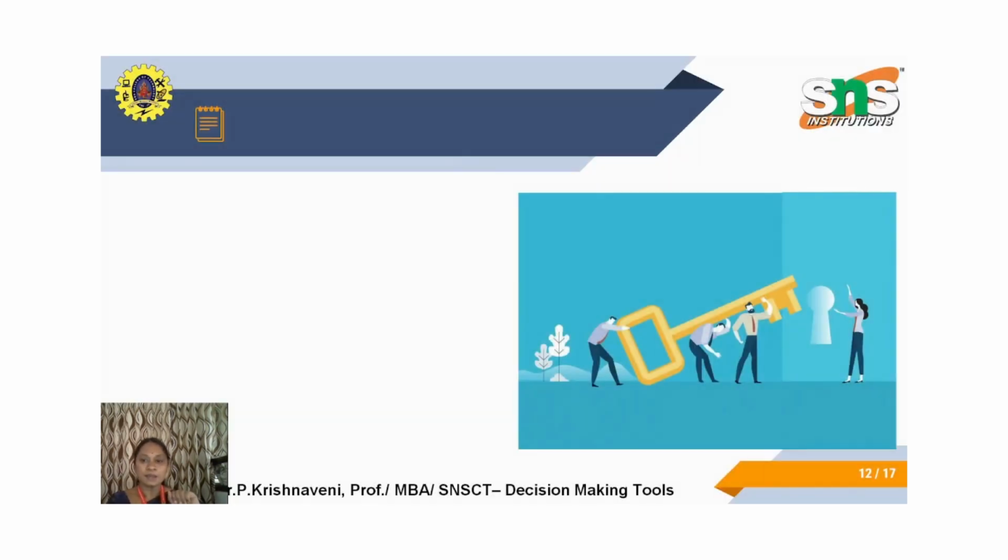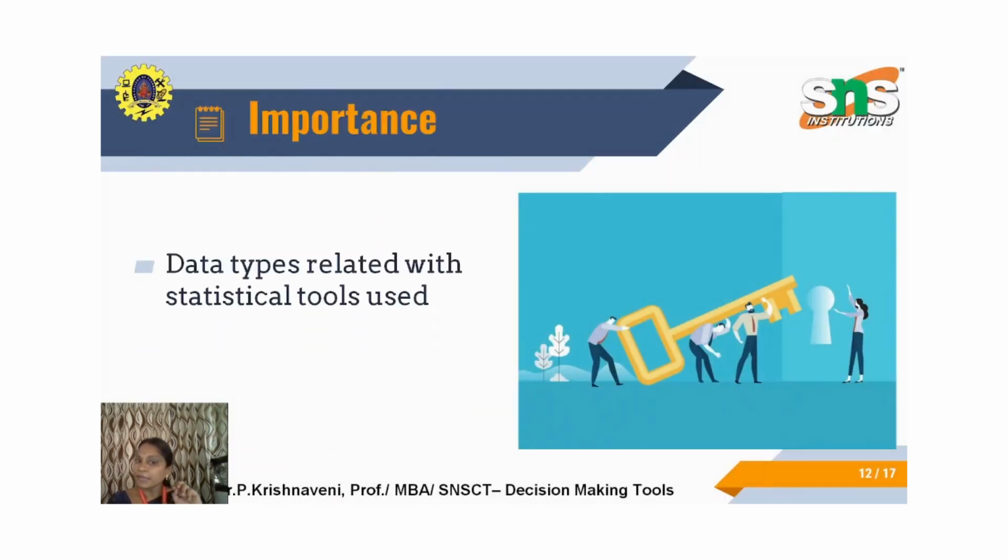Also, it is very important to understand the types of data to finalize the statistical tool. For example, a t-test cannot be used for nominal data, but a t-test can be used for ratio scale. The reason is that in a t-test, all the data are calculated and worked on as numbers, and the mean value is the major thing. The test works based on the mean value.